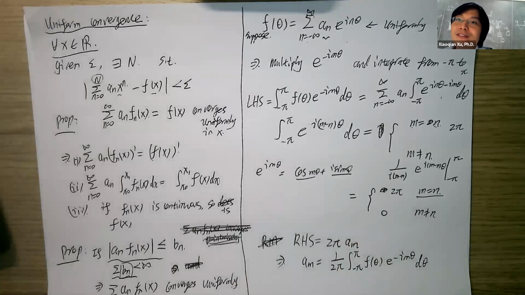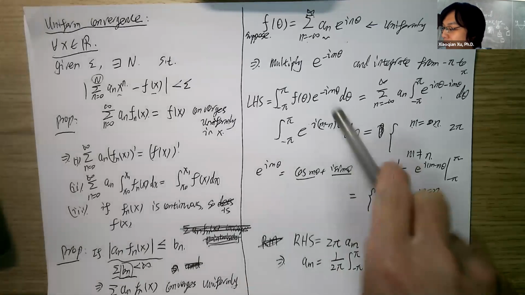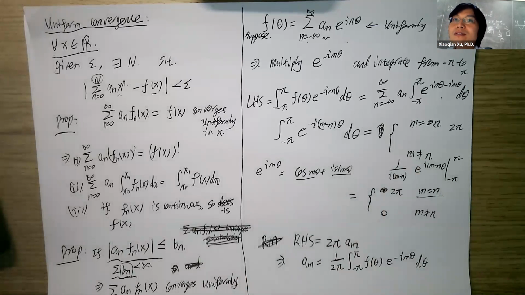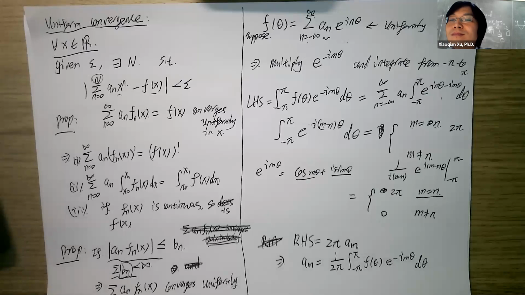It's very simple. It's even simpler than the Taylor series. For Taylor series, you have to take the nth derivative, right? But here, if you want to find this a_n, you just need to take this integral.